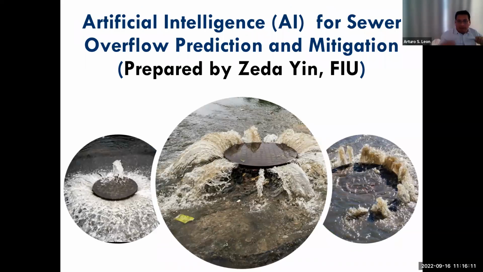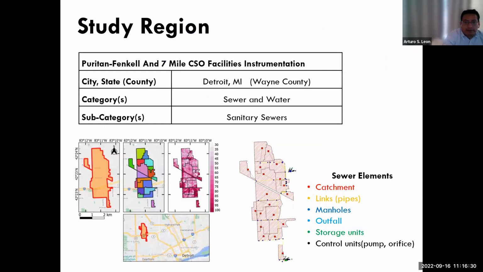Okay, so now I will talk about artificial intelligence for prediction of sewer overflows and their mitigation. This was prepared by one of my current students working on sewer overflows. We have made this application for the Puritan-Fenkel sewer system in Detroit, Michigan.